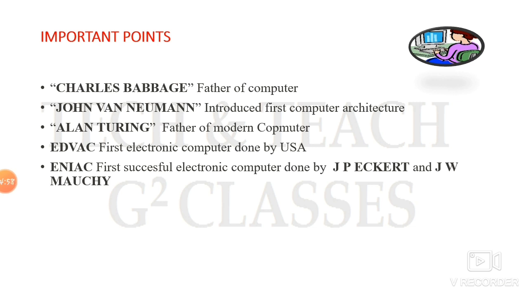Initially we had the analytical engine; nowadays we have modern computers, developed by Alan Turing. EDVAC is the first electronic computer, done by USA, the country that invented the first electronic computer. And the most successful computer is ENIAC, the most successful electronic computer.